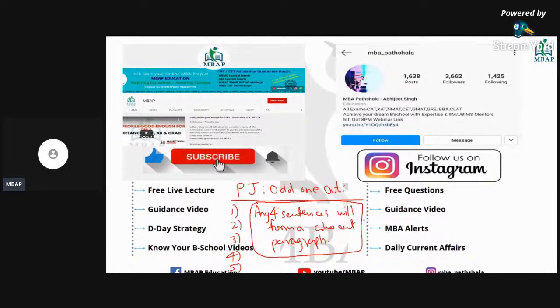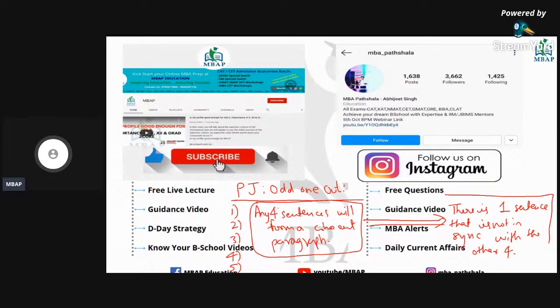Once you have identified the four sentences that form a coherent paragraph, then there is one sentence that is not in sync with the other four, and that is your answer, my friends.